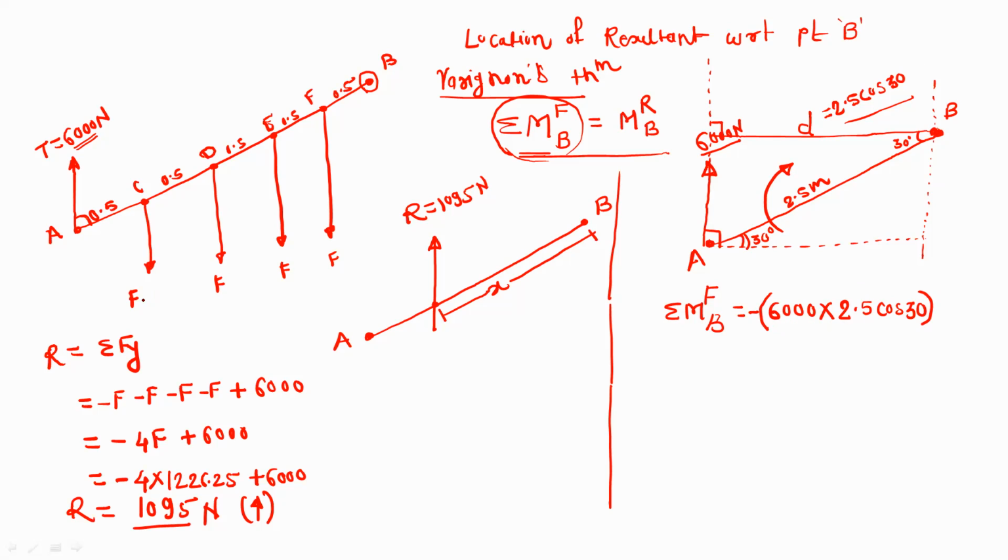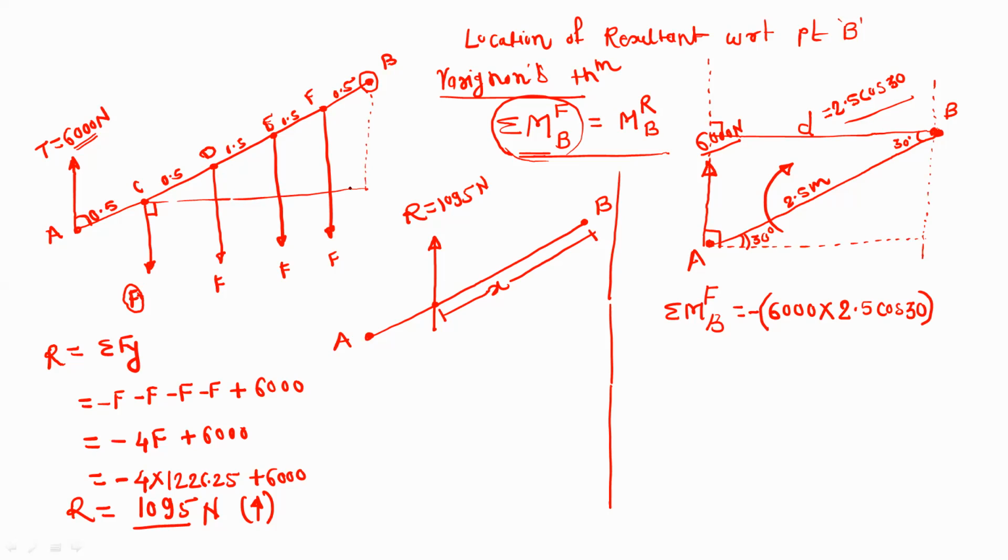Now, similarly, take the moment by the force F. For force F, the perpendicular distance is not available. Along this line, the distance from point C up to point B is equal to 2 meter. So to find out the perpendicular distance, this will become the perpendicular distance, that distance perpendicular to the force direction.